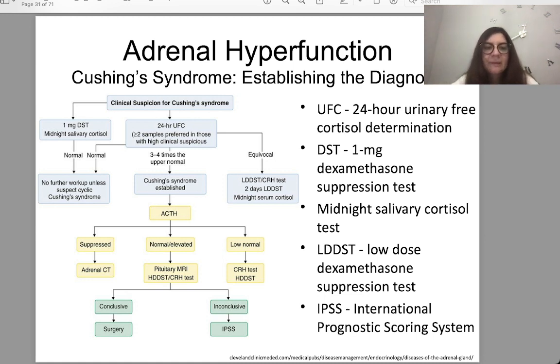If 3 times upper normal, additionally we establish Cushing syndrome and do ACTH, and according to its level we decide, is it adrenal, is it pituitary, is it hypothalamic, etc. And if it is equivocal, additionally we can do LDDST and CRH test.